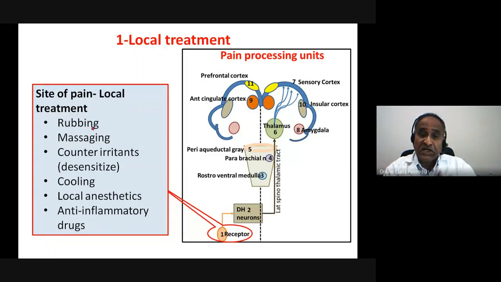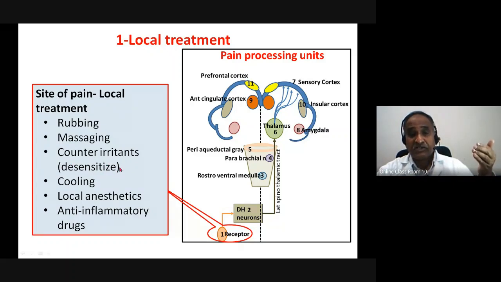What they do is irritate and produce irritation at the local sites, and thus they desensitize the nociceptors and the nociceptive fibers. You must have used these counter irritants for your headache. That is one way to desensitize the local receptor level.